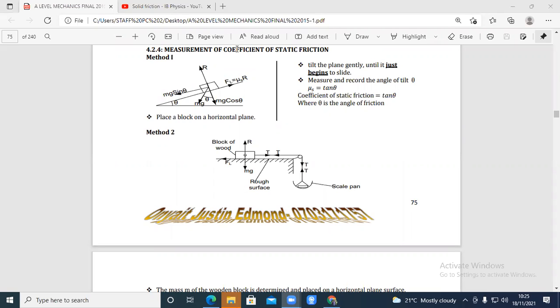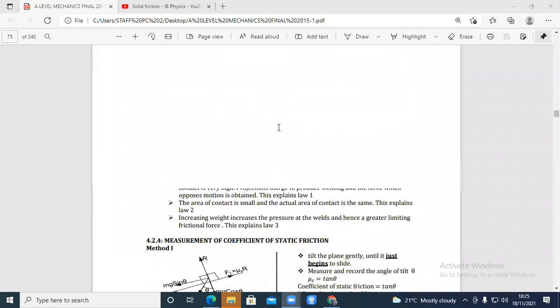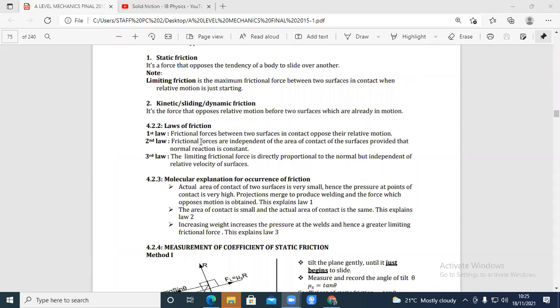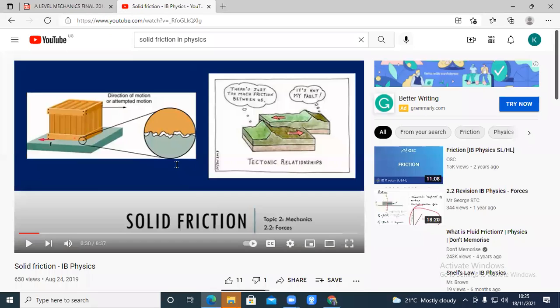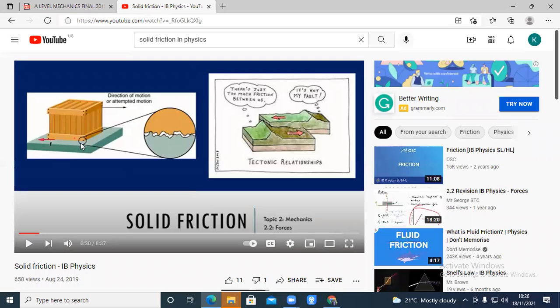Now for the kinetic explanation, we are looking at the molecules. We're saying the actual area of contact of the two surfaces is very small. Let me show you from here in this video.